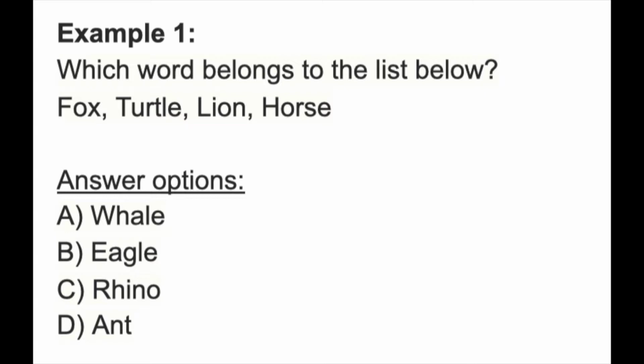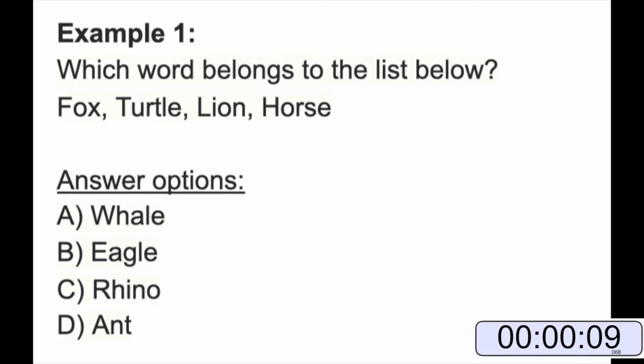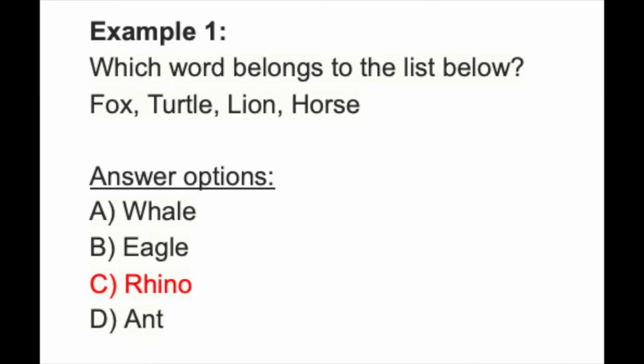Now you have 10 seconds to think about the right answer. The right answer is rhino, because the question has a list of four-legged animals. Therefore, we can eliminate the rest of them and stay with rhino.